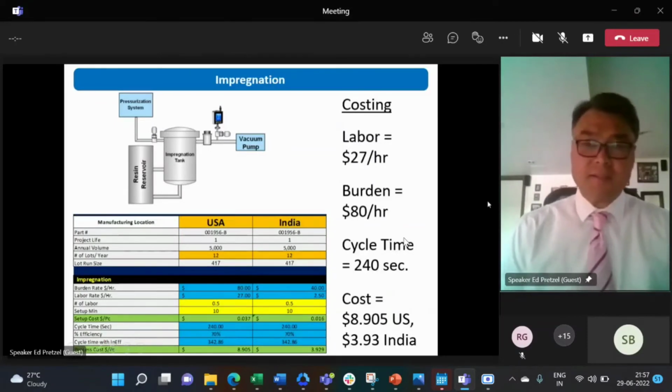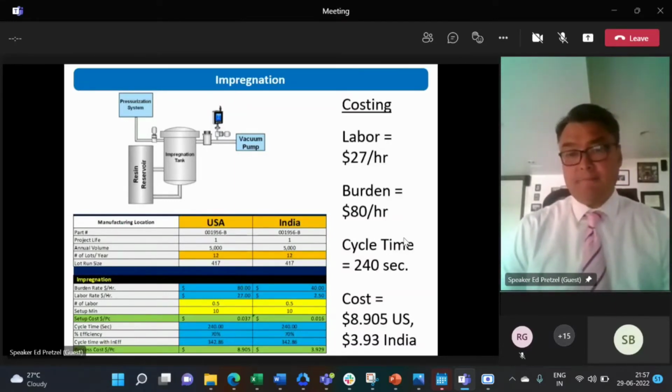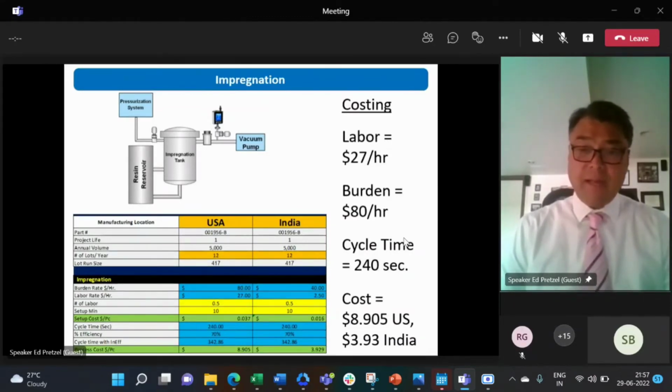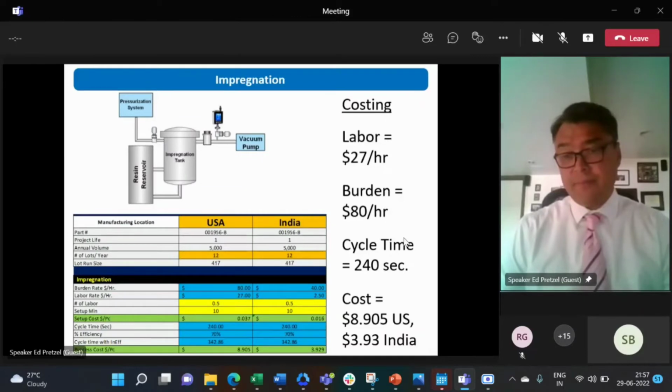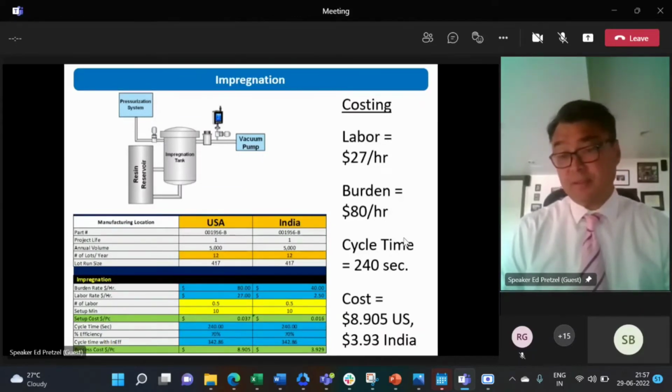Okay, let's cost the second one. This is impregnation. Impregnation is the process of using resin to help fill porosity in the part. This is actually quite expensive. If you look at why, it's that cycle time. The previous operation was 35 seconds. This one is 240 seconds, which is about 4 minutes.